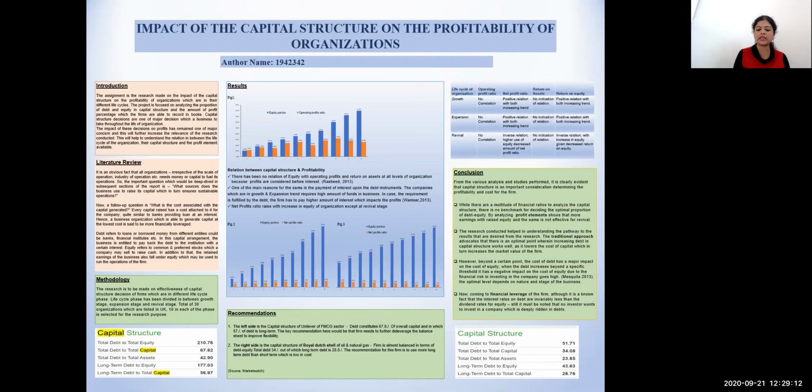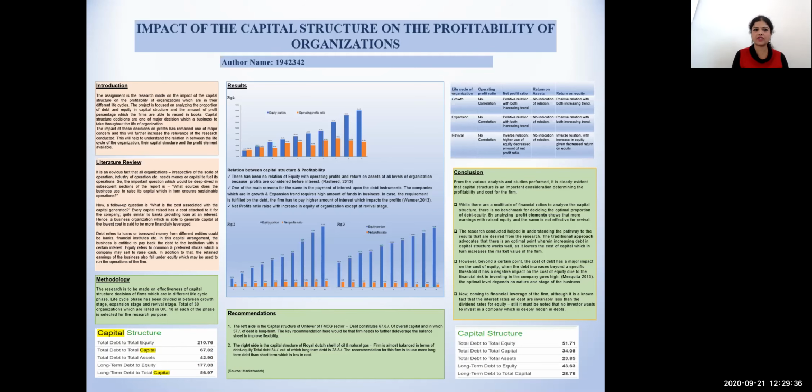This means the company has majorly acquired its capital from long-term debt and has few short-term debts. The key recommendation here would be that the company has to use more long-term debt than short-term, because the interest cost of long-term debt will be less when compared to short-term debt.